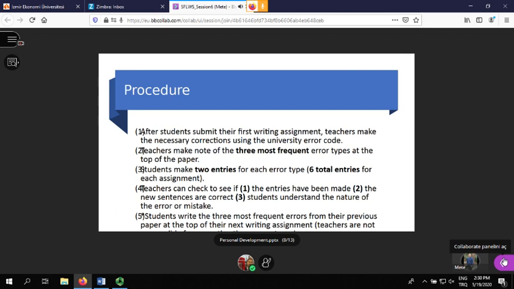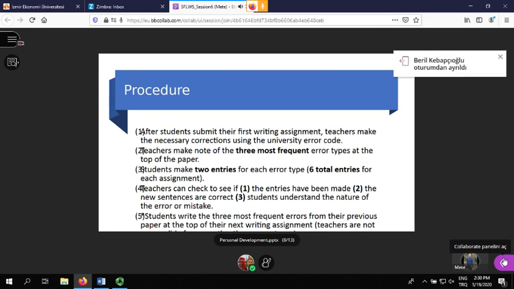Maybe the second most frequent error was punctuation, then you would put a P. Maybe the third most frequent was spelling, right? So students will make 2 entries for each error type. So for each assignment, there will be 6 total entries, right? And of course, they will start their error logs once the papers have been handed back.